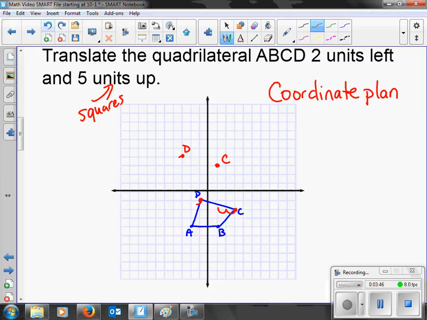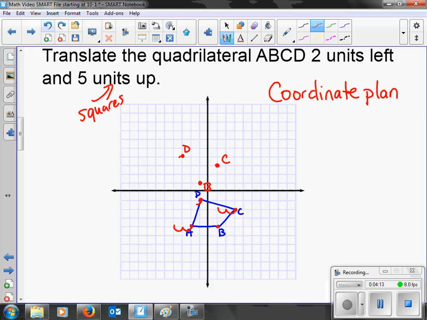Okay, and now we're going to move B. You move each point. B gets moved 2 spaces to the left, 1, 2, and then 5 spaces up. 1, 2, 3, 4, 5, right to there, okay? And then last but not least, the point A. 2 spaces to the left, 1, 2.